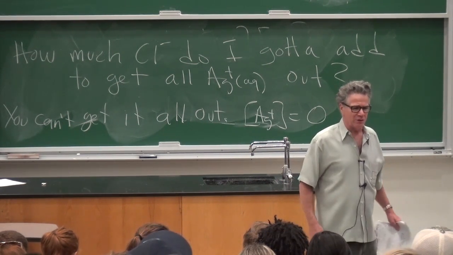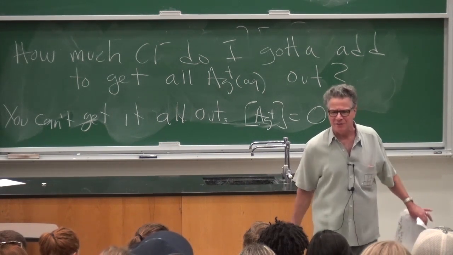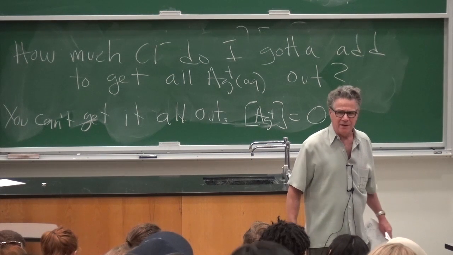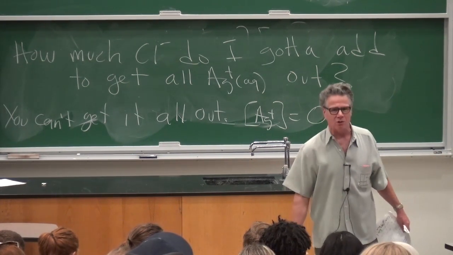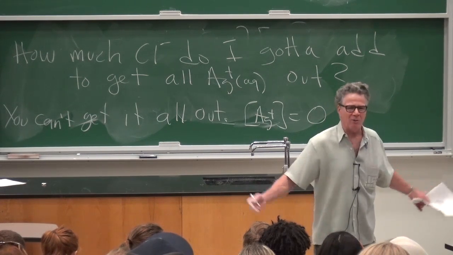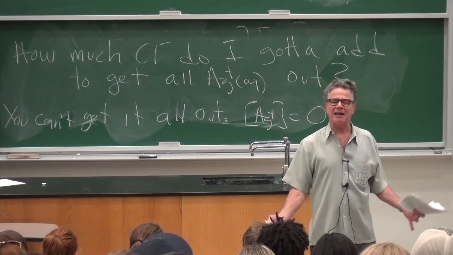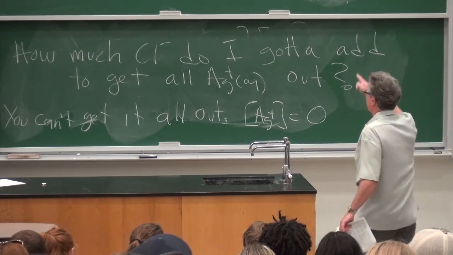A nanomolar. The colonel says that's a very low concentration. I can live with that, leaving nanomolar behind. You get up the next morning and you go, no, I'm even greedier than that. I want it 10 to the minus 12th molar. That's all I want to leave behind. So the answer is you can't get it to 0. You've got to leave something behind. It's up to you how much you want to leave behind.